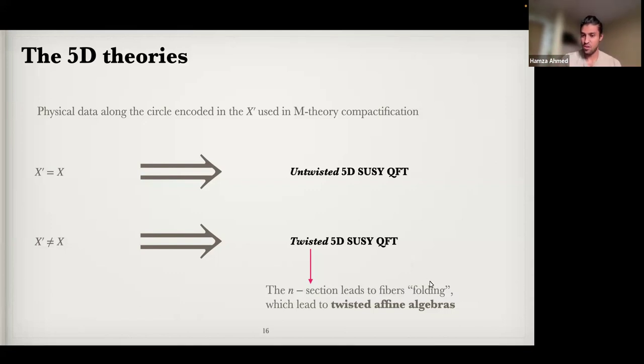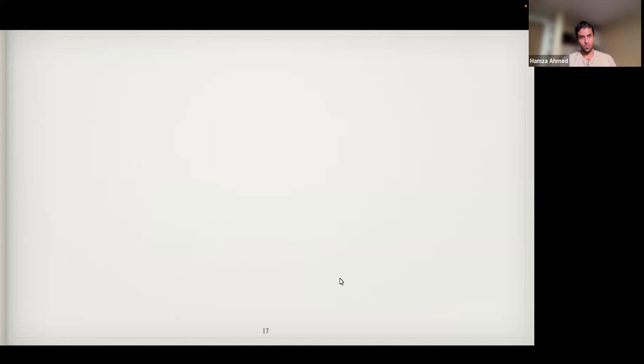Before, we had ADE algebras, so the P1s intersected as the Cartan matrix of an ADE algebra, but now with this folding, I can get what are known as twisted affine algebras. And this is precisely why this is a twisted 5D quantum field theory.